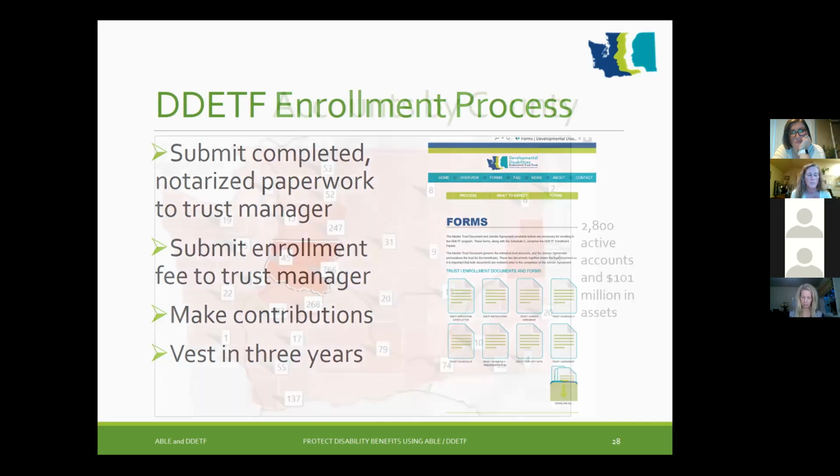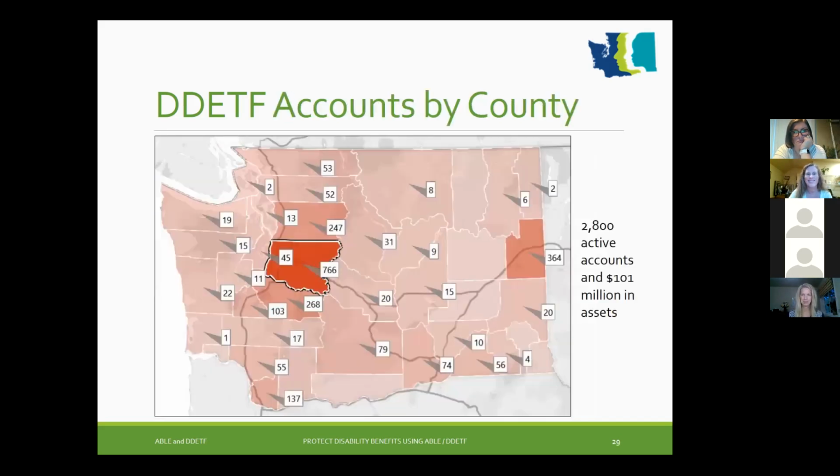And then very similar to what we saw on the heat map for ABLE, DD ETF has been around a little bit longer. We have over $1 million in assets and nearing 3,000 enrollees, active accounts. And again, King County is the big spot. That's where most of the people live in our state.